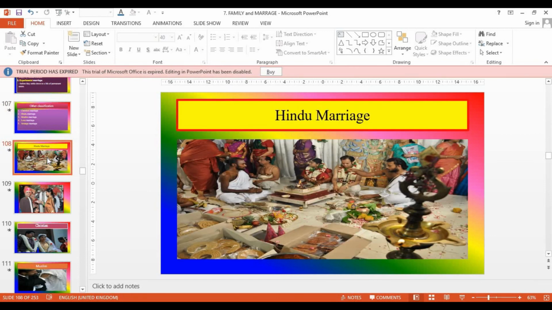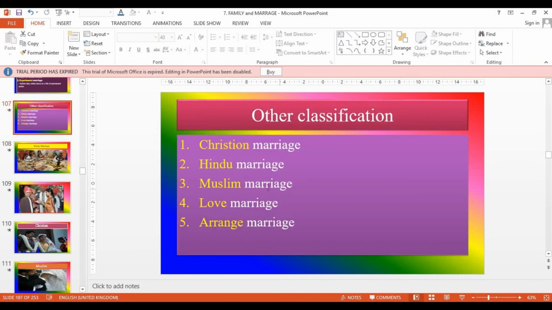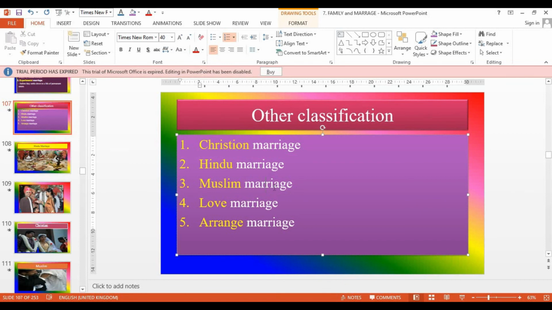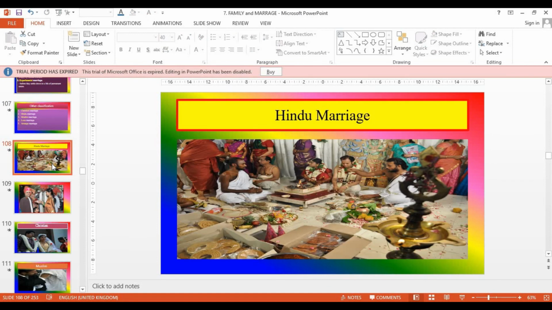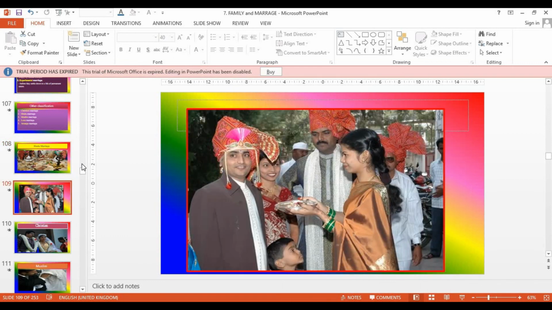Various pictures are available. We should think that every religious marriage has unique characteristics. For example, Hindu marriage, look at this. Hindu marriage in the temple, with deep procedures, using different types of materials, heritage, traditional practices, and hospitality display.